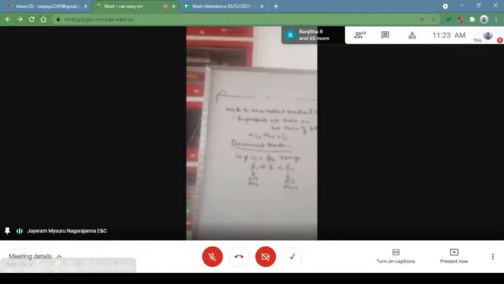Therefore, the dominant mode is nothing but the mode corresponding to the least frequency value supported by the waveguide. Because if the frequency of operation is between, say, F1 and F2 for a waveguide system like C band, S band, etc., what is the least value of this frequency? The least value of frequency, in other domains, we can call the longest wavelength.